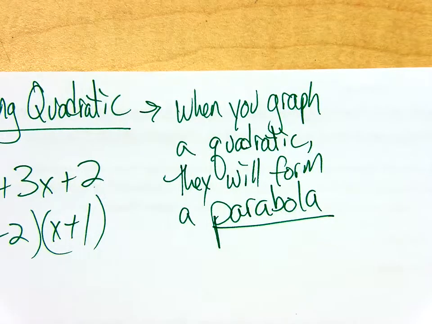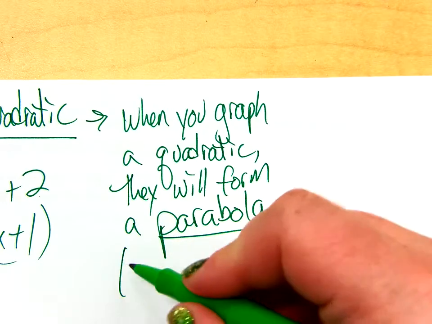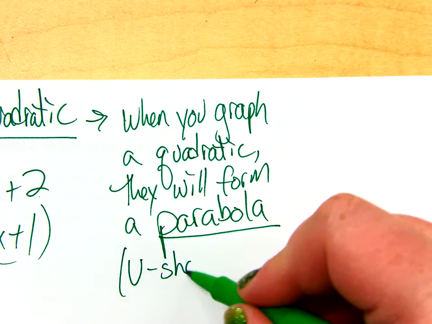So, new vocab word or old vocab word that you forgot about and are remembering today, I don't know. Parabola. And parabola is just a fancy word for a U-shaped graph. And we're going to talk about the characteristics of a parabola. So, in other words, a U-shaped graph.